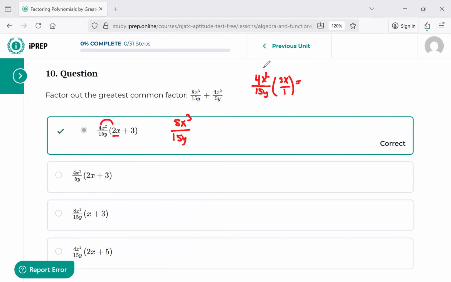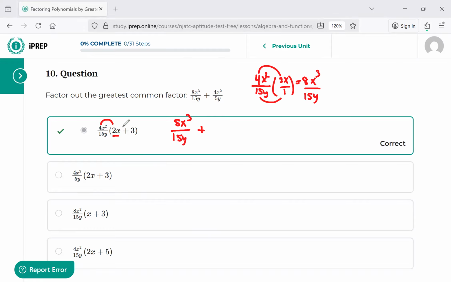And you're multiplying fractions, so you multiply the top and bottom. So what's 4x squared times 2x? It would be 8 because 4 times 2 is 8. And then x squared times x is x cubed. And then you do the same thing on the bottom, 15y times 1 is 15y. So that's how I got the first term.